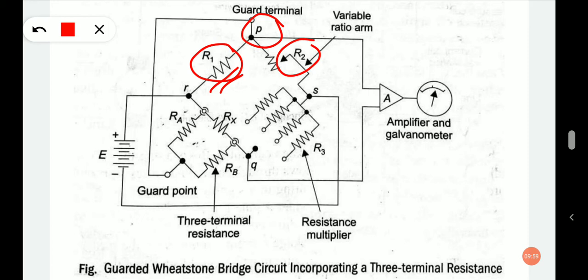The two main terminals of this resistance are connected to the terminal of unknown resistance Rx. So here these are the two main terminals of the resistance connected to the terminal of unknown resistance Rx.